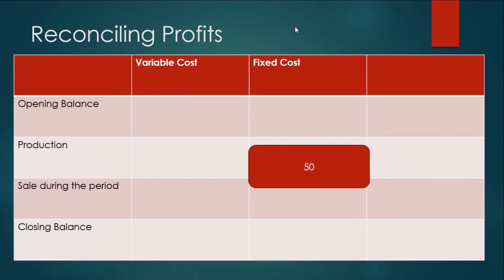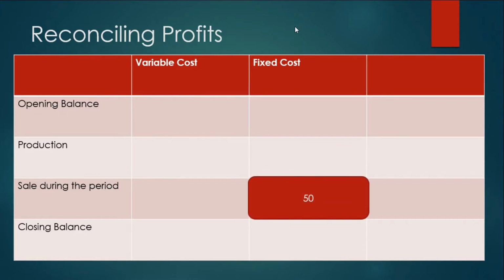So now we have the sales stage. Let's say I have 50 items ready to sell, but I have sold only 35 items. What happens? I have produced 50: opening 10 plus what I've started and finished during the period, 40.